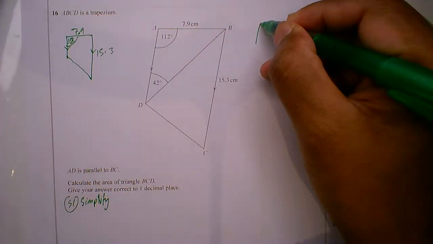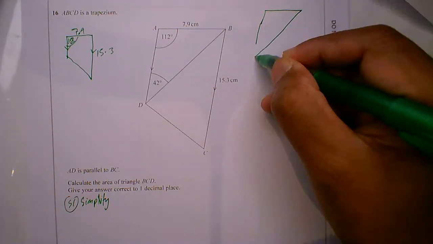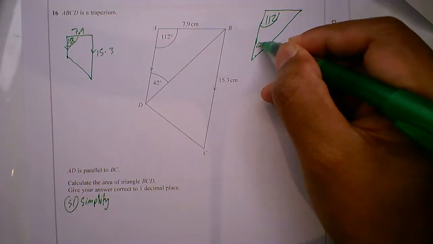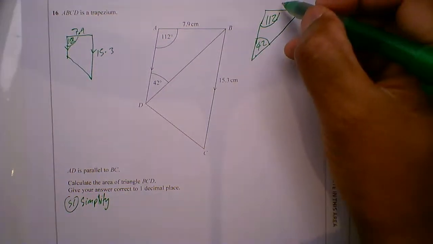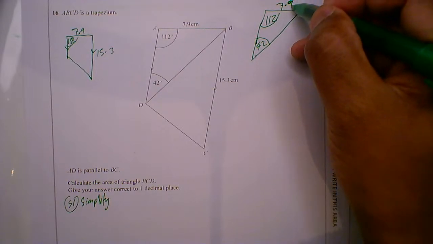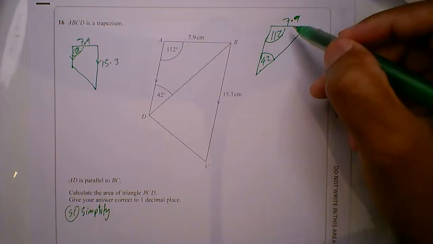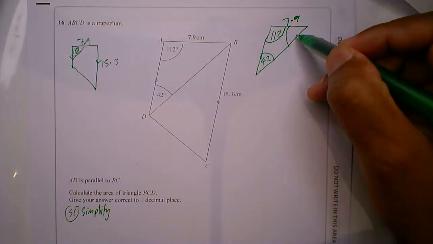So I've got a triangle here: 112, this is 42, this is 7.9. Just by doing this simplification, I can spot that I've got this third angle here.